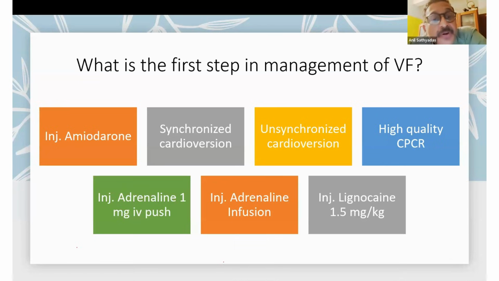Adrenaline, of course, is an option, but we already said that defibrillation would be the treatment of choice for VF. Infusion is not at this moment. Lignocaine is also an alternative for amiodarone. So we have two choices really: unsynchronized cardioversion, that is defibrillation, or high quality CPR.